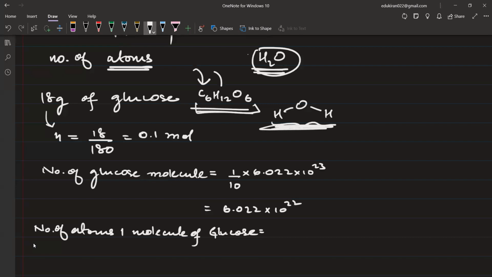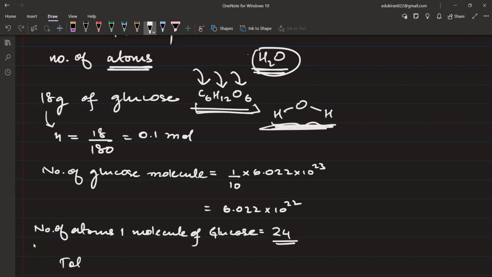Now tell me how many here, count everything. How many carbons, how many hydrogens, how many oxygens? 6 carbon plus 12 hydrogen plus 6 oxygen, how much is it? 24. So that many are present in one molecule.